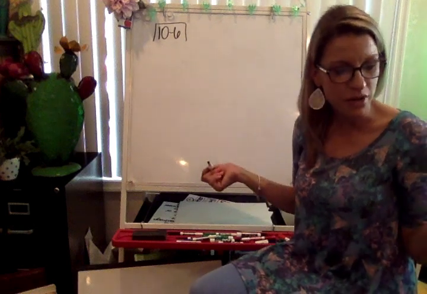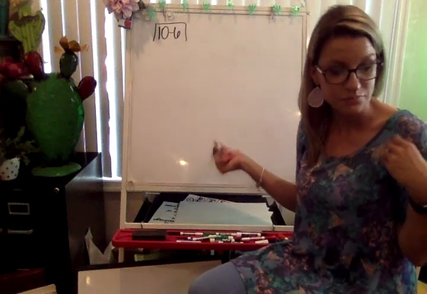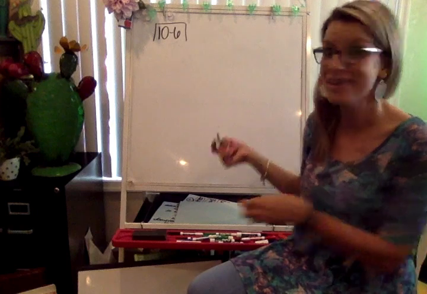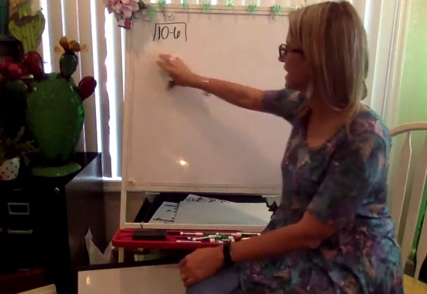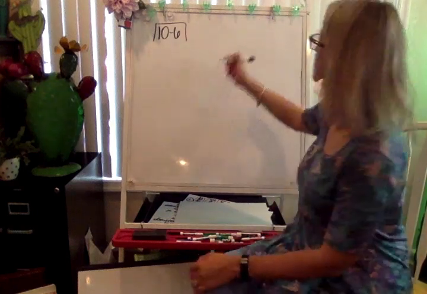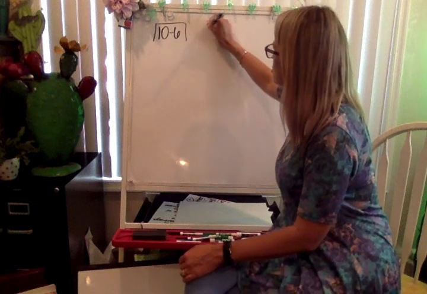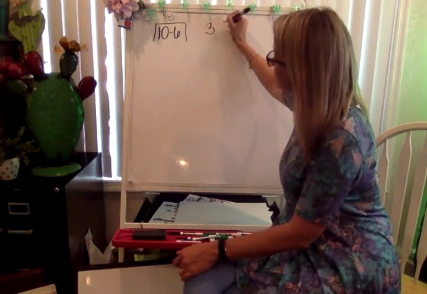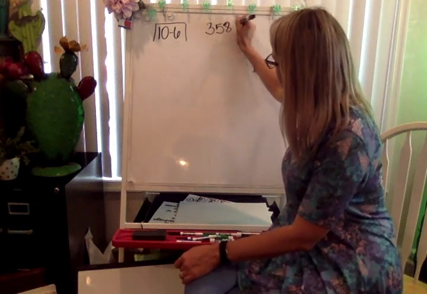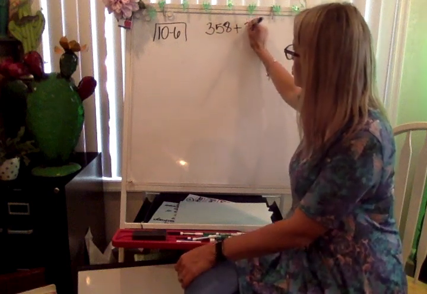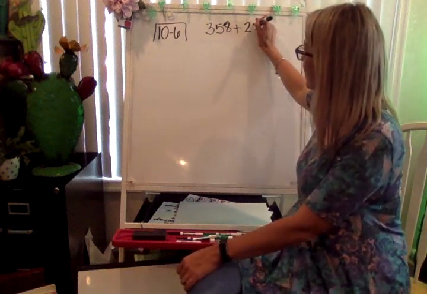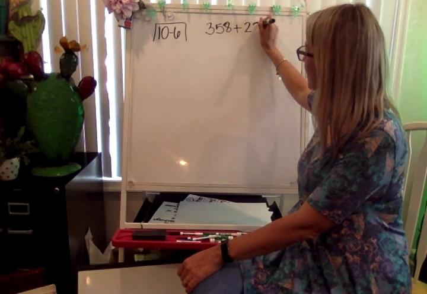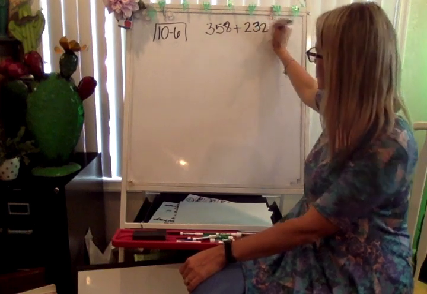The next one we're going to be using the open number line for. So I'm going to give myself some more space. So this equation, let's do 358 plus 232.